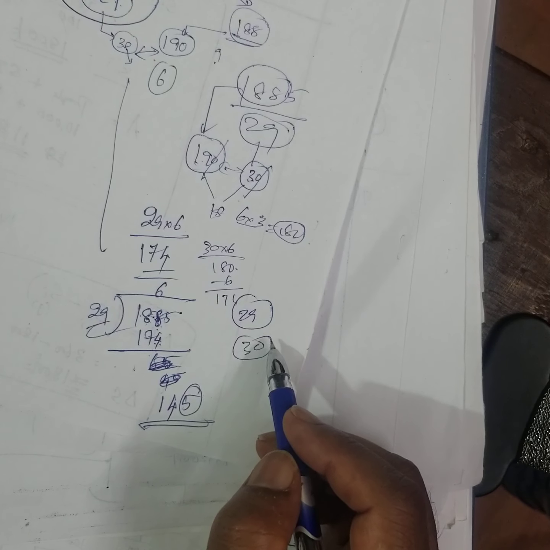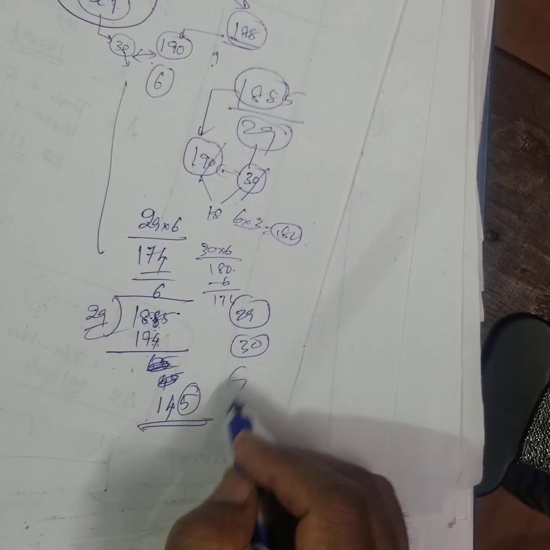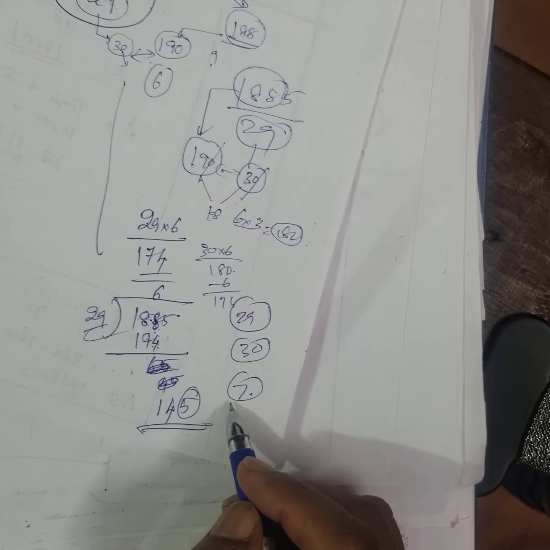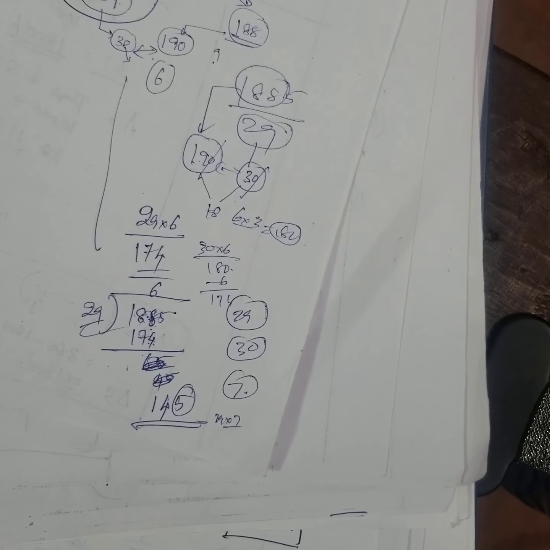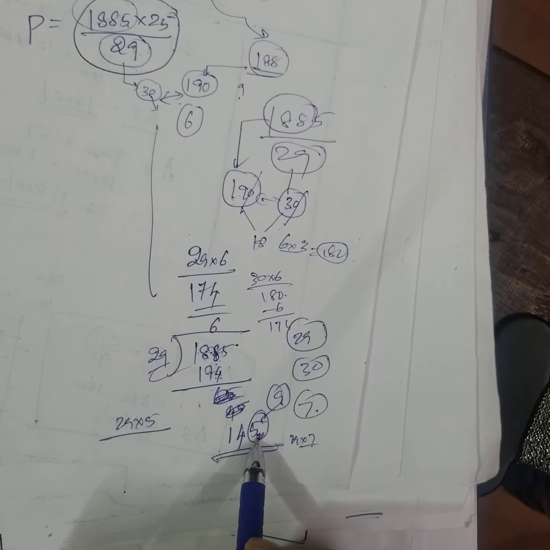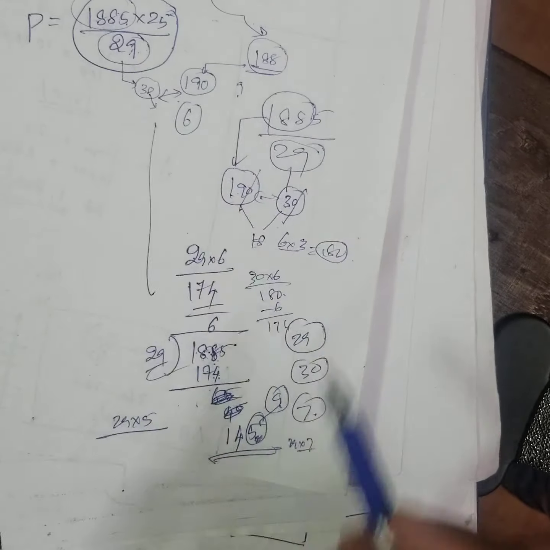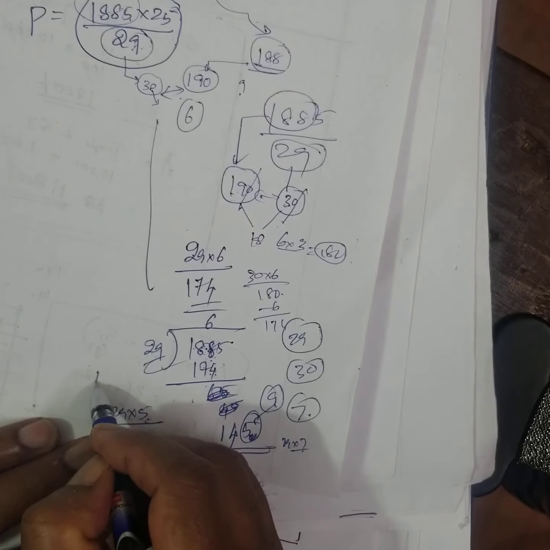30. That way how many times does it go? Here 7 times is 35. Suppose 29 into 7, how much does it come to? Or 6. Here 5 is 29. 5, therefore 5 times I'll try. 5 nines are 45.